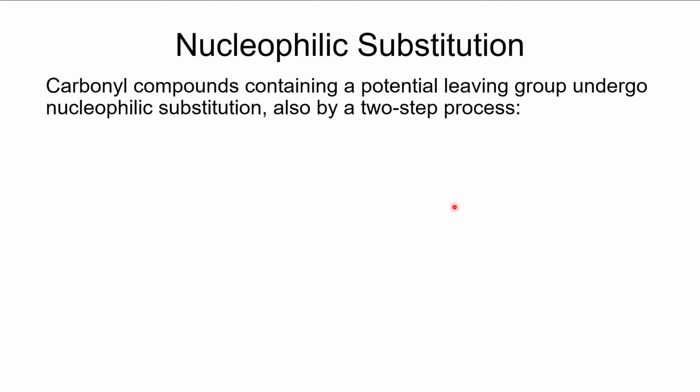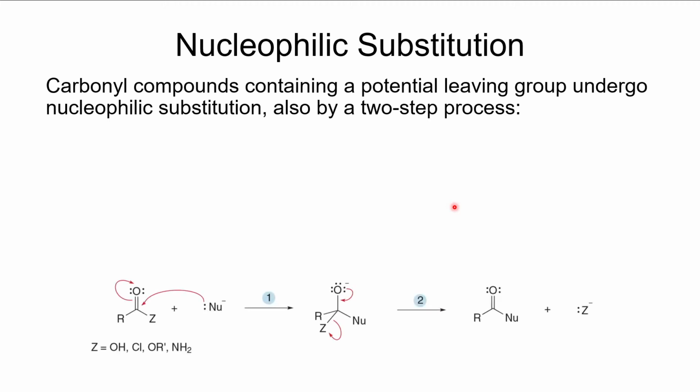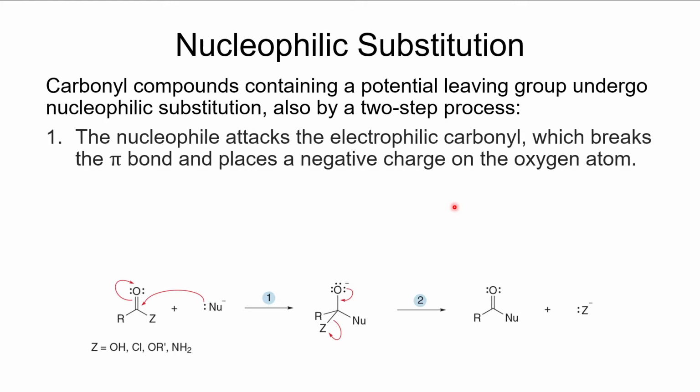So now let's compare this to nucleophilic substitution. It's also a two-step process, and in fact, the first step is identical to the first step in nucleophilic addition. The nucleophile attacks the electrophilic carbon on the carbonyl, which breaks our pi bond and creates this tetrahedral intermediate.